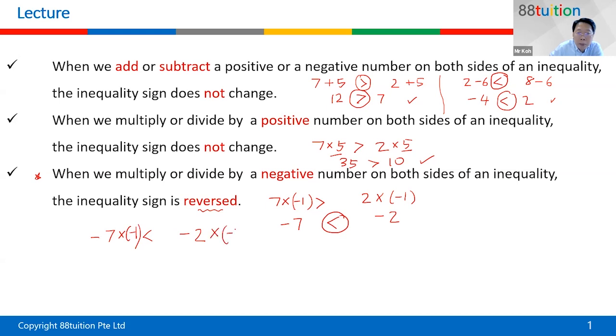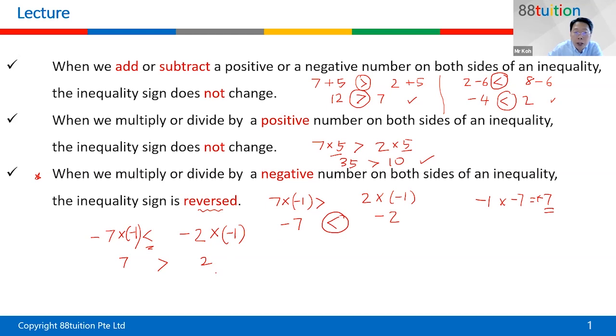All right, so when you multiply a negative number by a negative number, actually you get a positive number. Okay, is that all right? So you're going to get a 7 here, and you're going to get a 2 here. So what happened to your sign? Your sign needs to reverse. Okay.